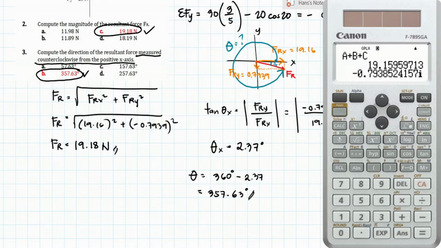Okay? So, to get its magnitude and direction, so simply convert. Store muna natin sa F, para napapractice lang. And then, convert into R angle theta. So, yung R is the magnitude 19.18, which is the same sa ating answer. And then, yung negative 2.37.